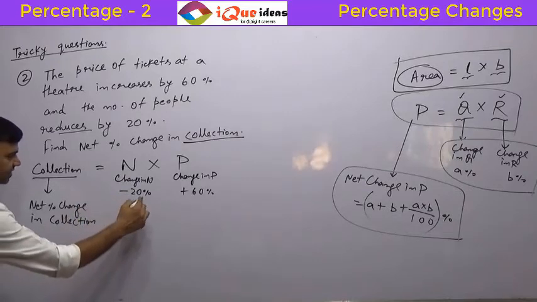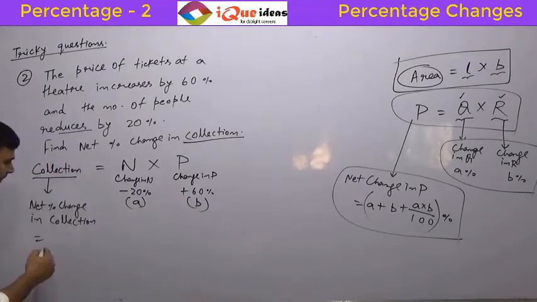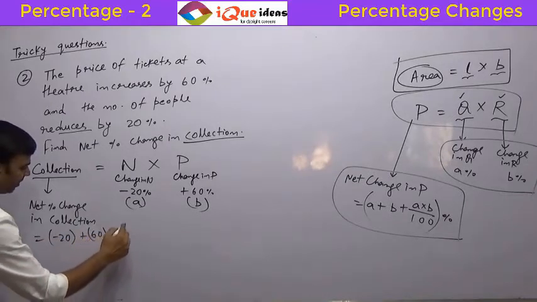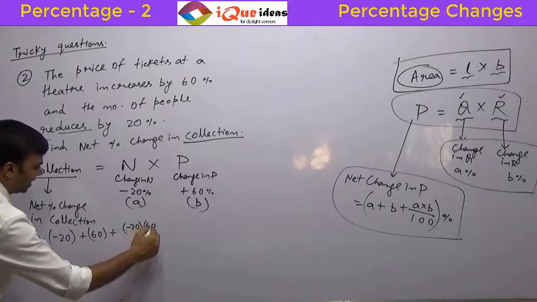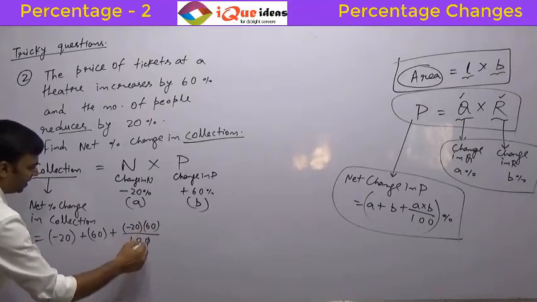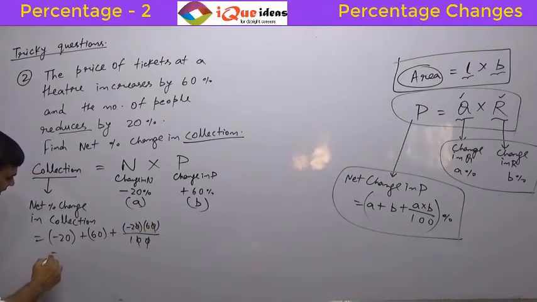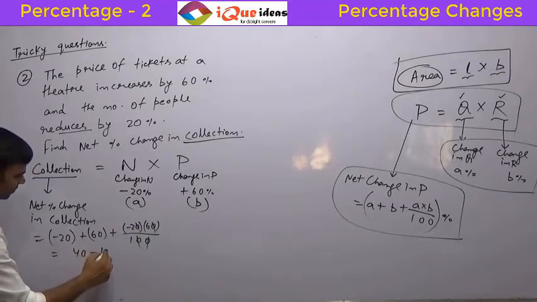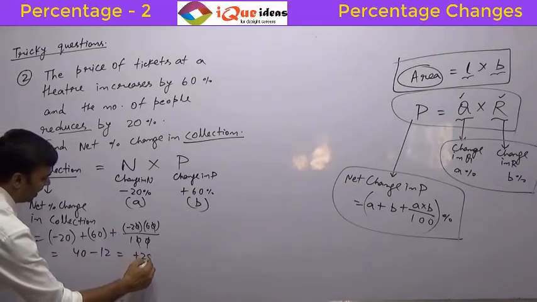A is minus 20, B is plus 60. So minus 20 plus 60 plus minus 20 into 60 divided by 100. 0, 0, 0, 0. So this becomes 40 minus 12, that is plus 28.